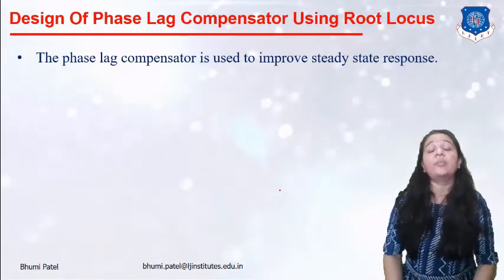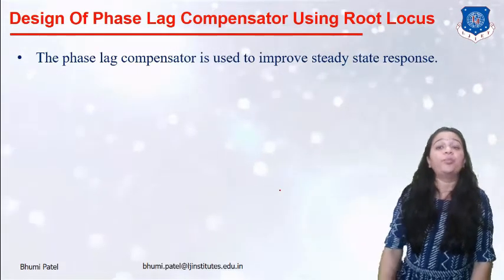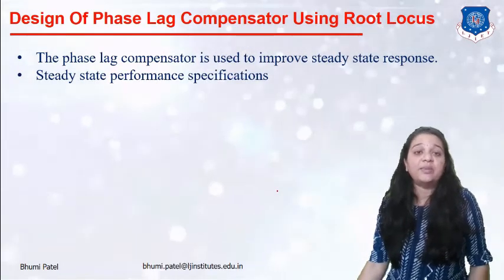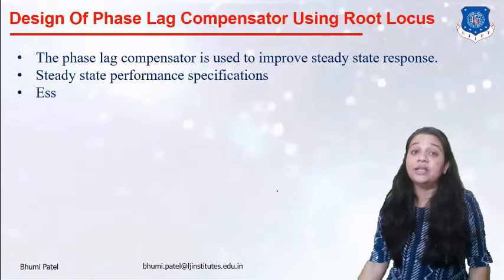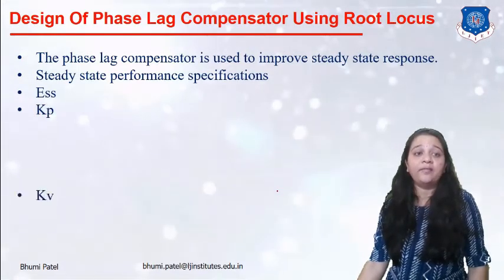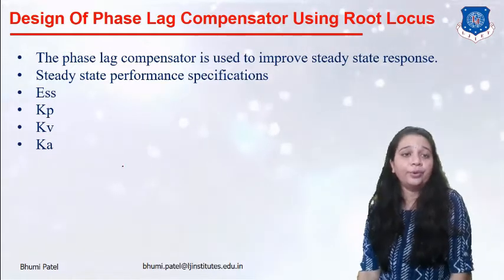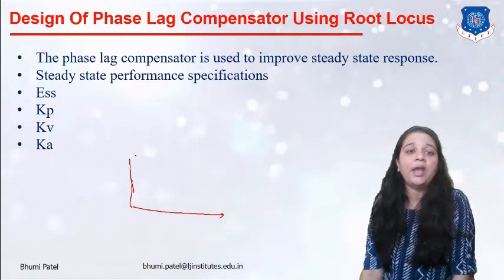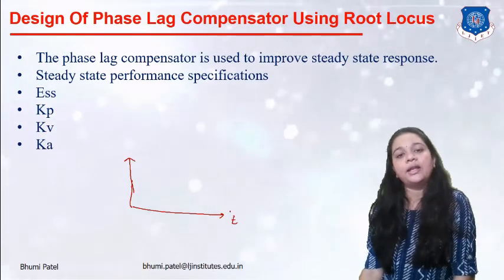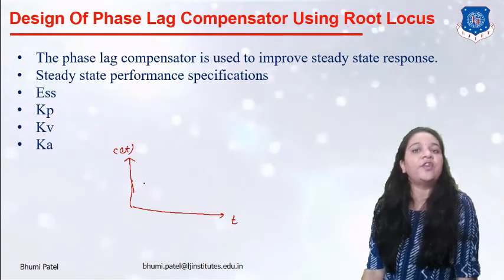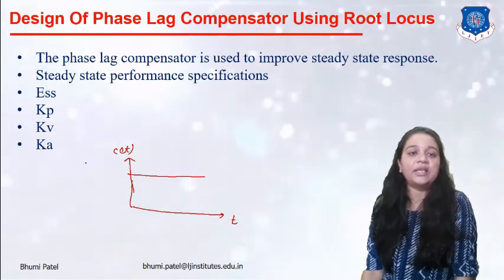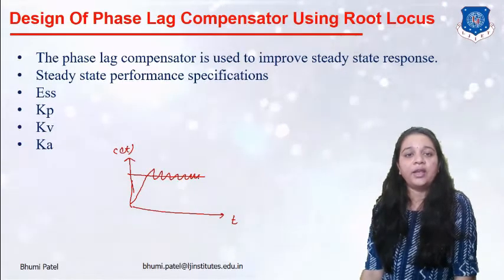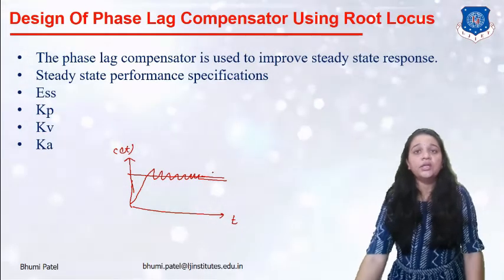The phase lag compensators are generally used to improve the steady state response. Which type of steady state specification? Like Ess, the steady state error, Kp, Kv and Ka. As we studied in the last session, whenever we design a closed loop system and draw the graph of time versus the output, c of t is our output, and we have decided the final value, after the system starts, after some time we get the steady or stable output.